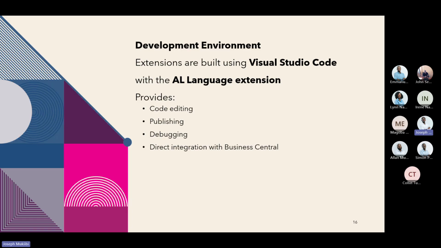So the development environment uses VS Code, which provides the following: code editing, you're able to publish, debug, and then directly integrate with Business Central. I've seen some functions somewhere where you inspect and then you open, I think, directly to VS Code. I don't know if anyone has also seen that. Well, I haven't tried it.